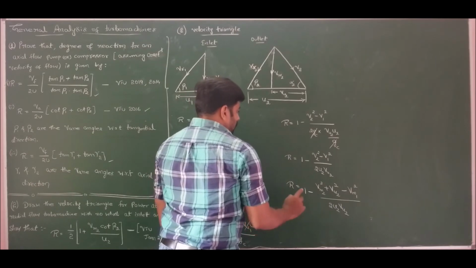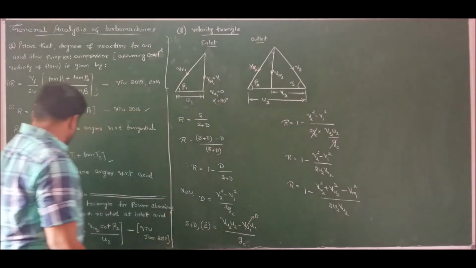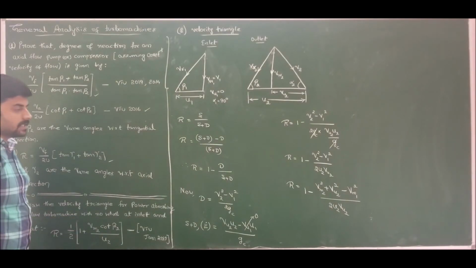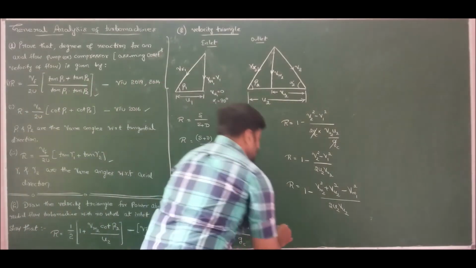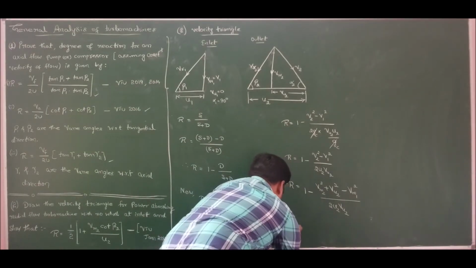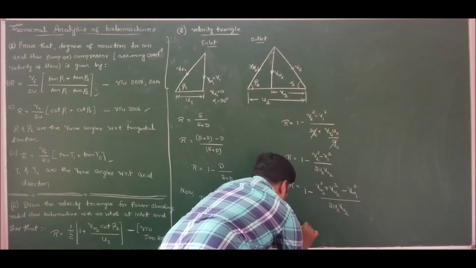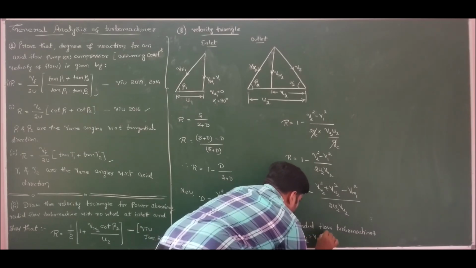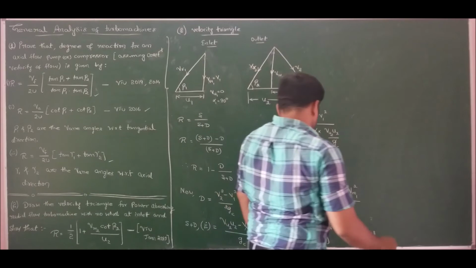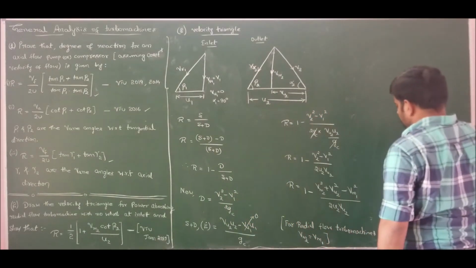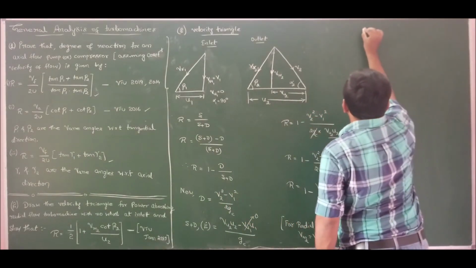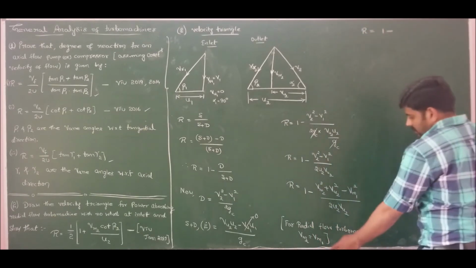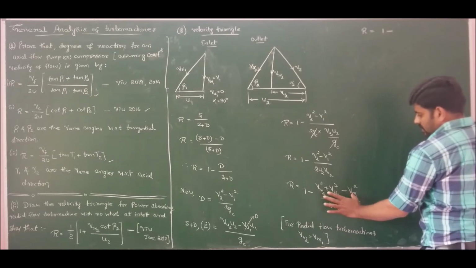Now for radial flow turbo machines, the flow velocity should always remain constant. So for radial flow turbo machines, Vm2 should be equal to Vm1. Using that condition, since Vm2 equals Vm1, these two get cancelled.